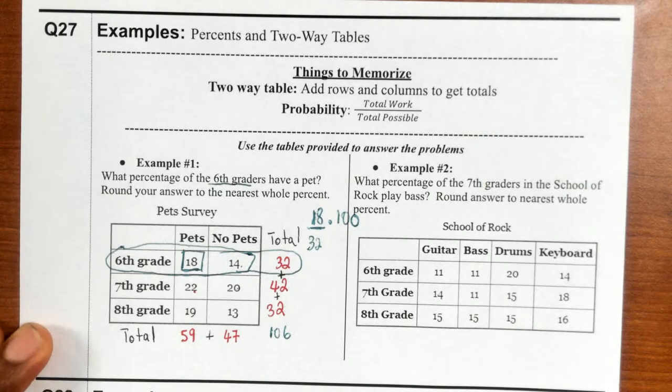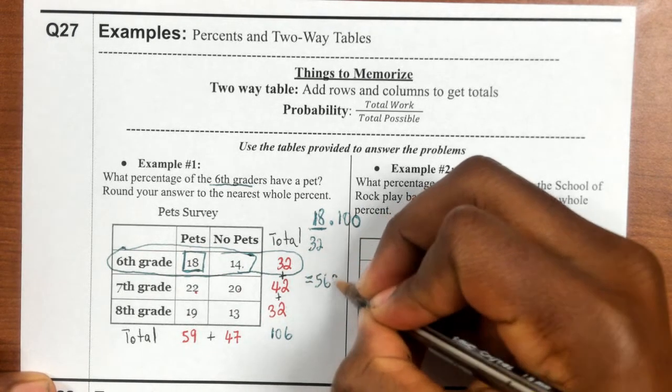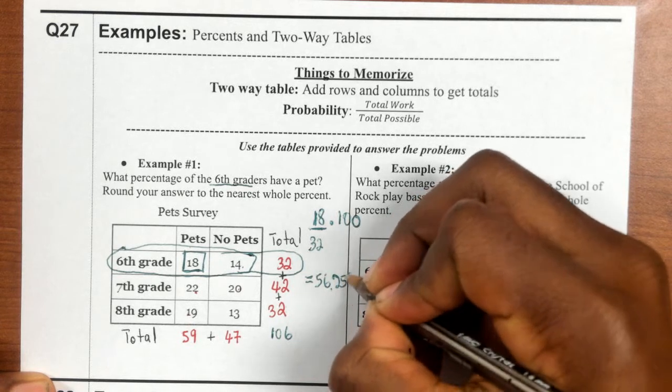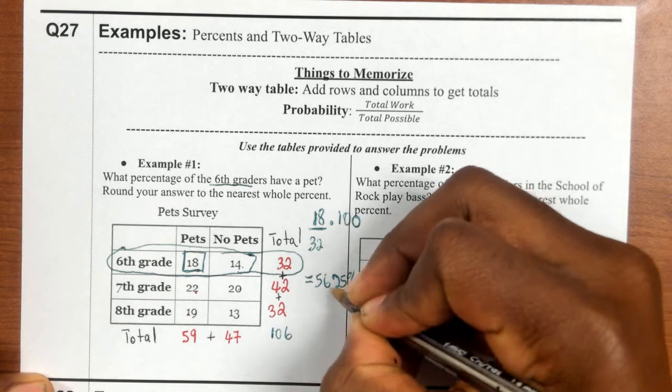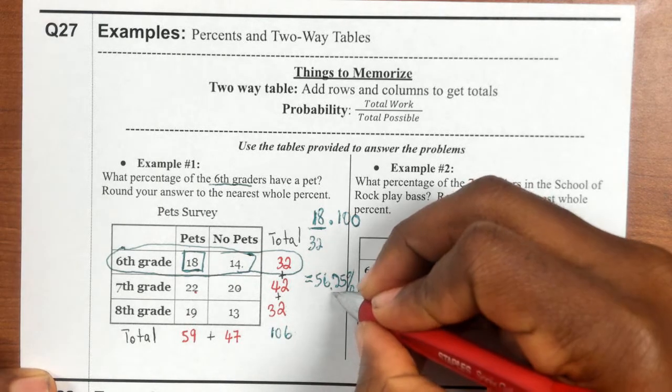Again, that's something you're going to need to put in your calculator. 18 divided by 32 multiplied by 100 will give you 56.25%. It says round to the nearest whole percent, so that means a whole number.